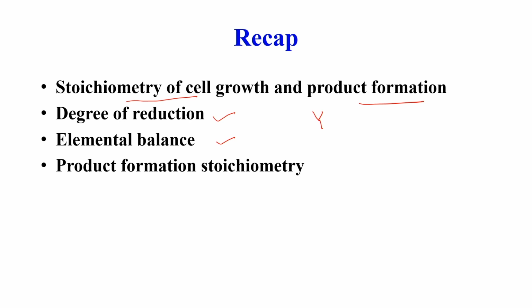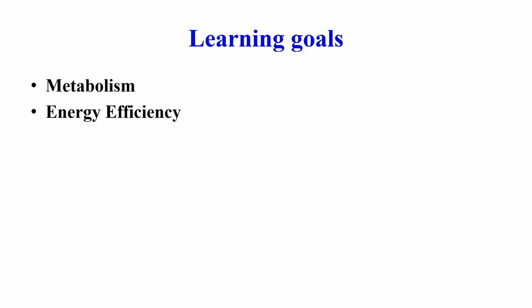In this case, the degree of reduction of the product is part of the stoichiometry relation. Now, for today's lecture, first we will discuss metabolism, and next we will see the concept of energy in the living system and what about the energy efficiency.